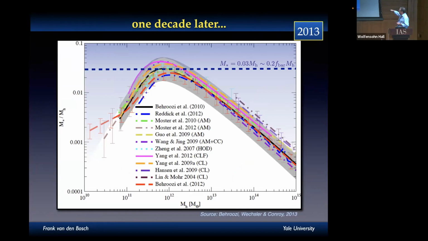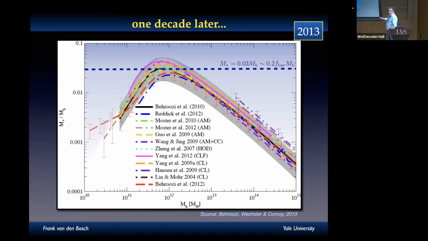And the upshot is, look, within a factor of 2, they all agree very nicely. And this is astronomy, factor 2 agreement means perfect agreement. At a halo mass of 10 to the 12, you can see some sort of interesting trend here. At 10 to the 12, the stellar mass to halo mass ratio is the highest. That basically means that this is the halo mass scale at which, for whatever reasons, galaxy formation is apparently most efficient in forming stars.